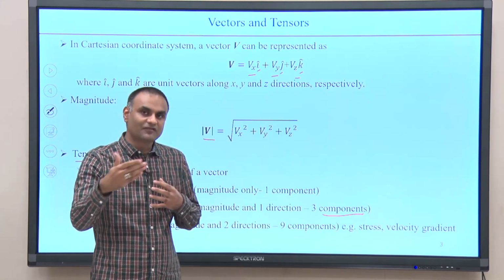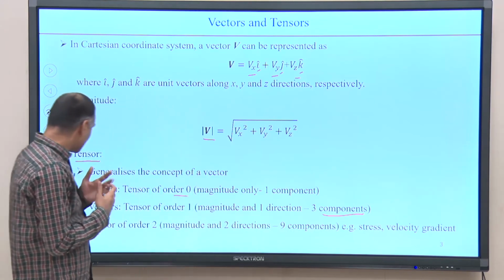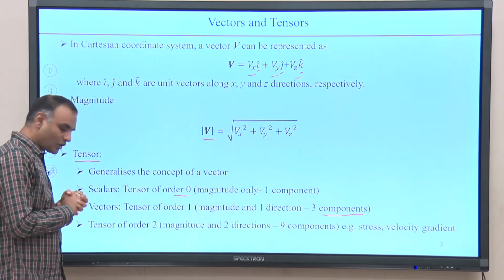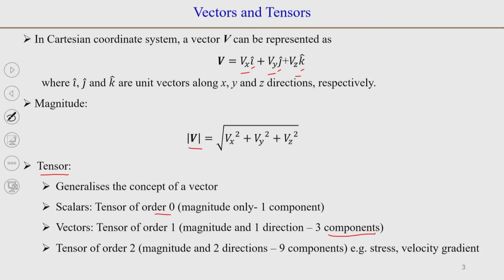Similarly, for 3 components, 3 multiplied by 3, 9 components. So, this is a tensor of order 2, and to represent it, we need to define 2 directions. So, for example, the stress tensor will be tau i j in general terms.